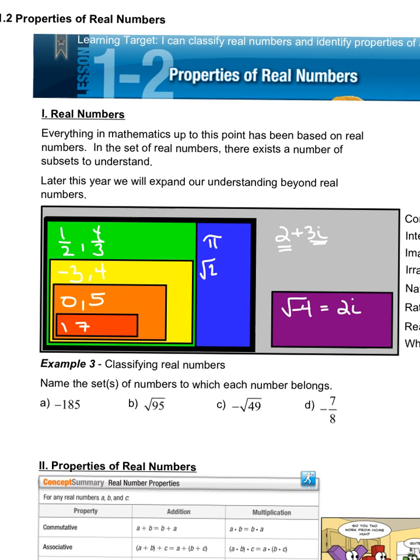That's called complex. So the overarching category of all numbers is what we call complex numbers. Again, down here we have imaginary numbers. And then, like I said before, this box over here contains all of our real numbers.